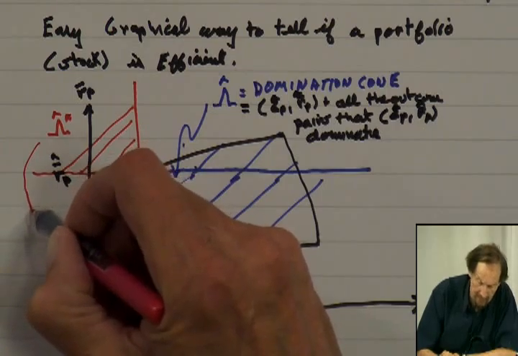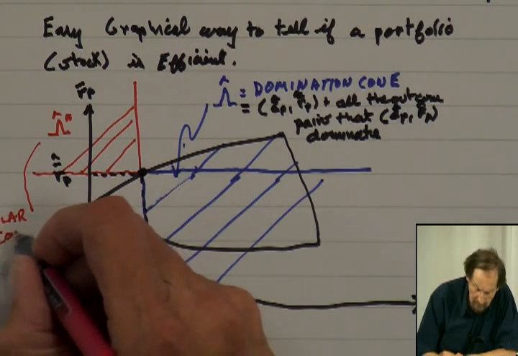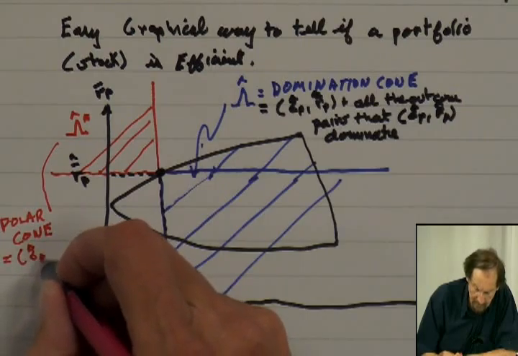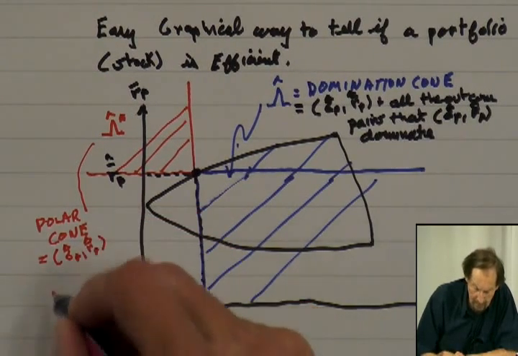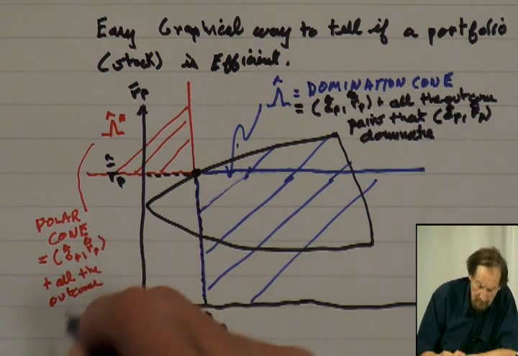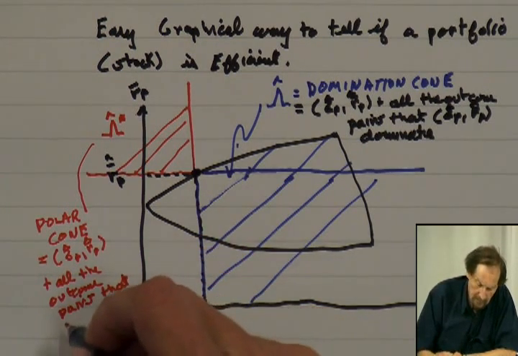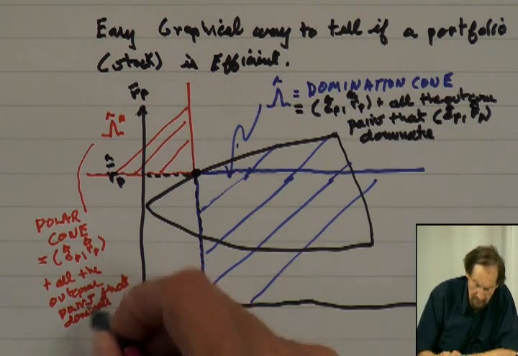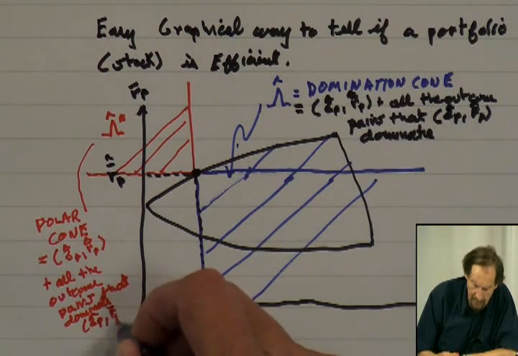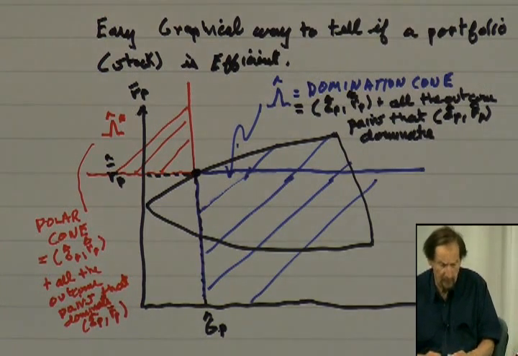This is the polar cone, which equals sigma hat P, R bar hat P plus all the outcome pairs that dominate our point, sigma P hat, R bar P hat. I apologize for how small I wrote that.